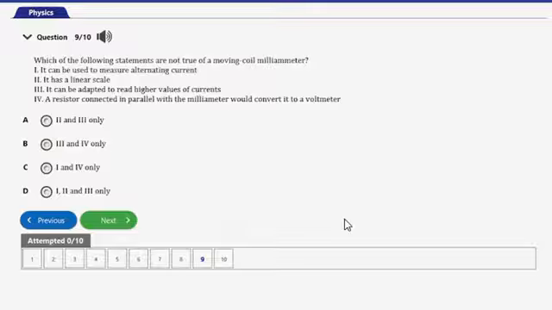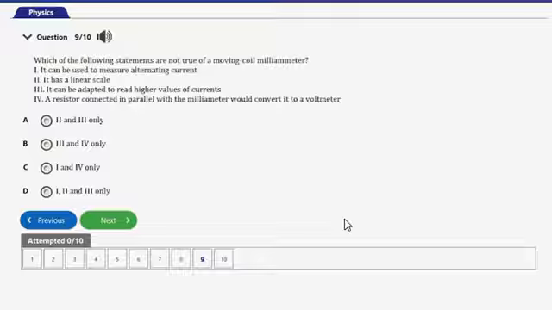Actually, I here says it can be used to measure alternating current, but that's false, guys, because it cannot measure alternating current since the alternating current is rapidly changing direction.